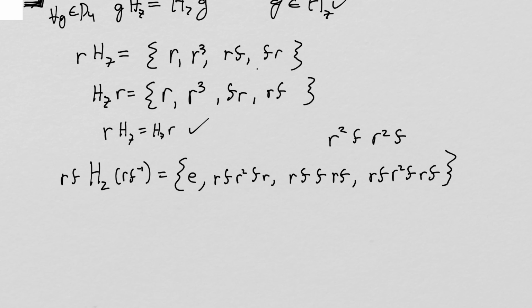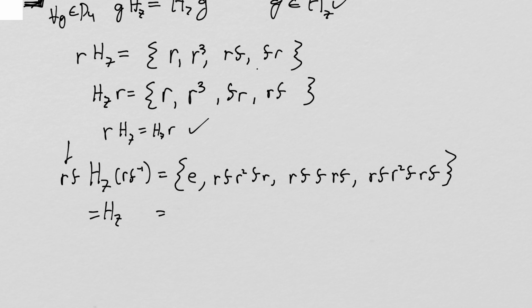So I can try this the other way. I can check the conjugation instead of checking both sets. Why don't I just check the conjugation and see if the conjugation is such that this equals H7? I'm using sort of the other rule. And so by checking RF, which I need to check, right?